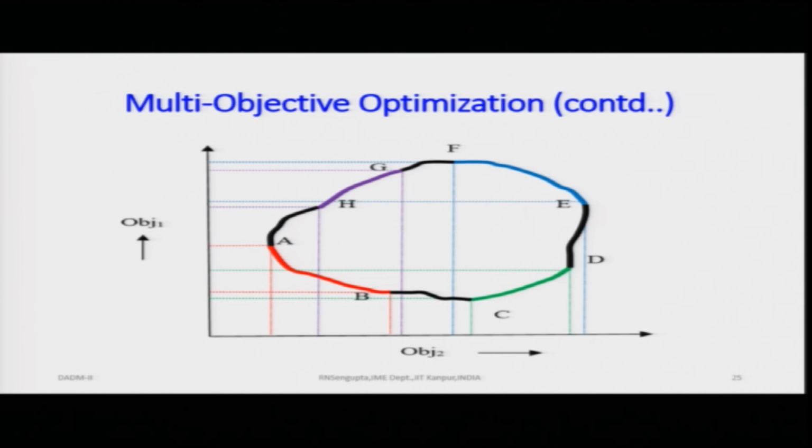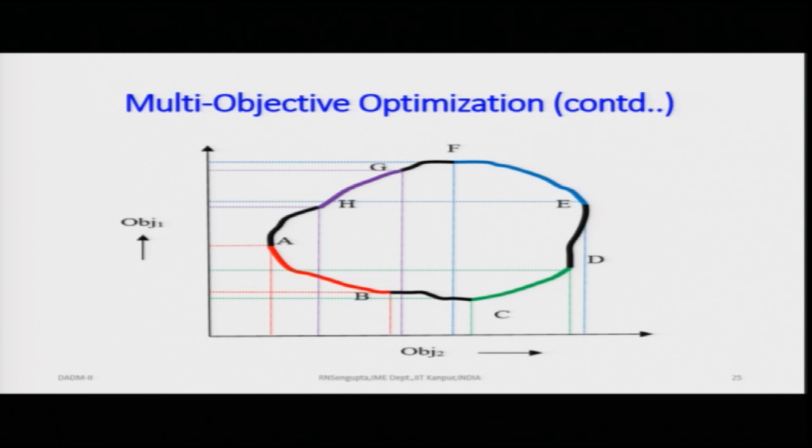So, if you draw the diagram, again I am mentioning, mark AB as red, then the line CD as green, because the color scheme will have an important role, while the line EF is blue and the line GH is violet.